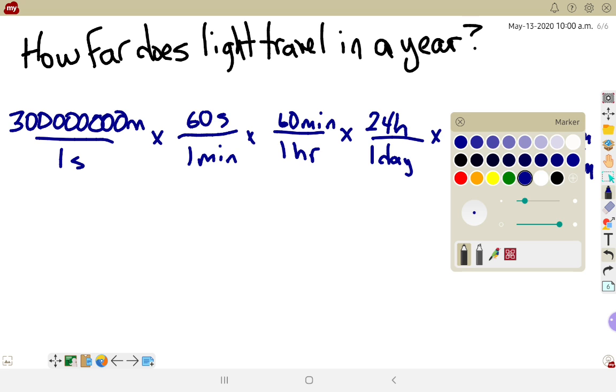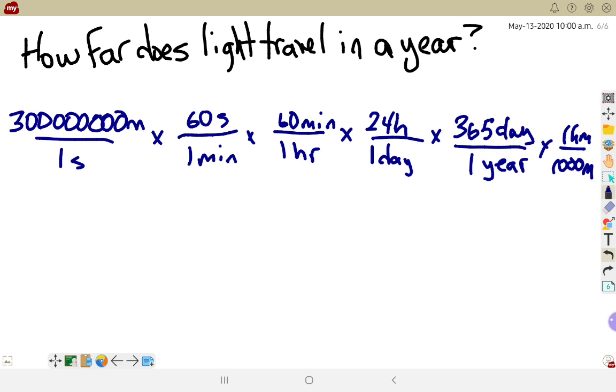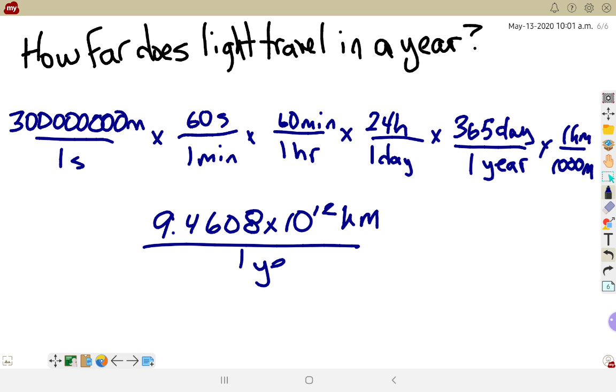Okay, so when you multiply everything out, that gives you 9.4608 times 10 to the exponent of 12 kilometers in 1 year. So if somebody ever talks about a light year, that's what they're referring to. They're talking about the distance that light can travel in a year.